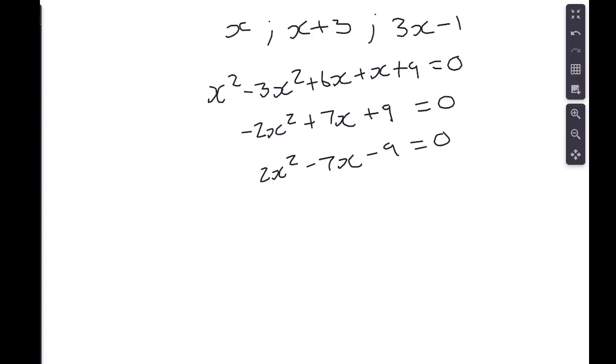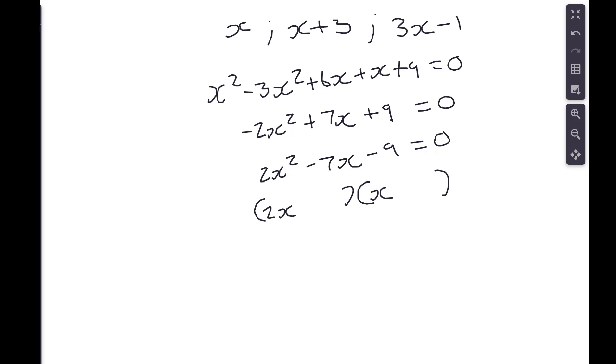Okay, now we need to find a way to factorize this equation. So we're gonna put two brackets there. You're gonna put 2x here, you're gonna put x on this side.